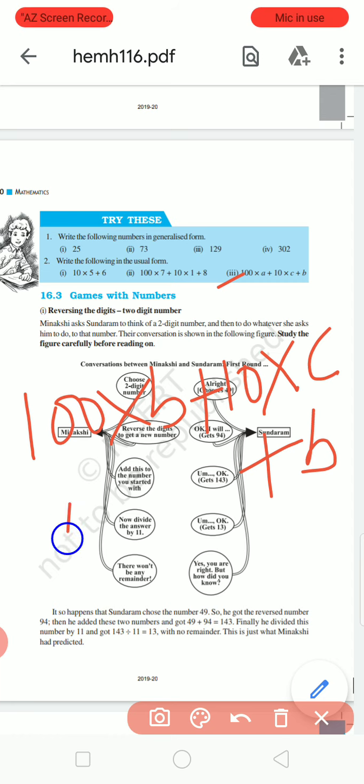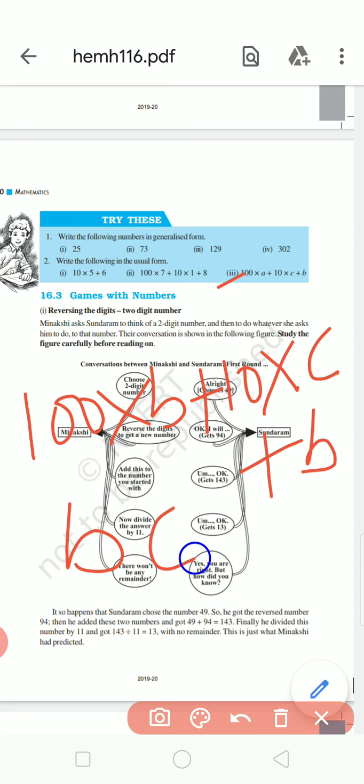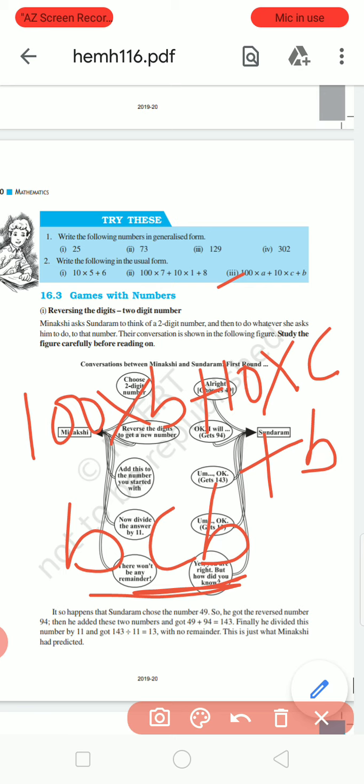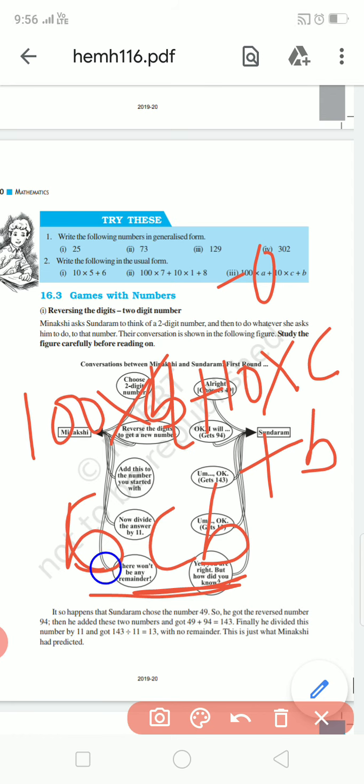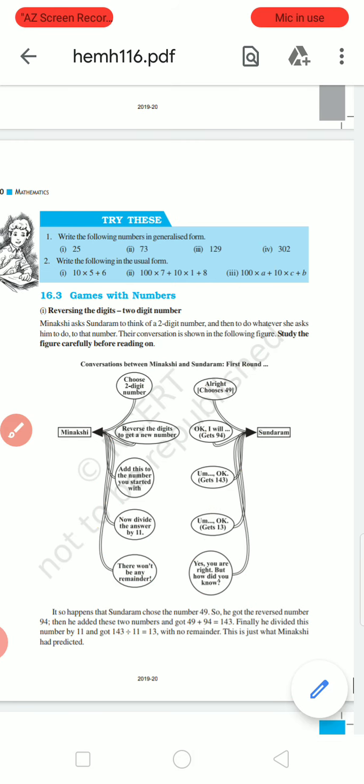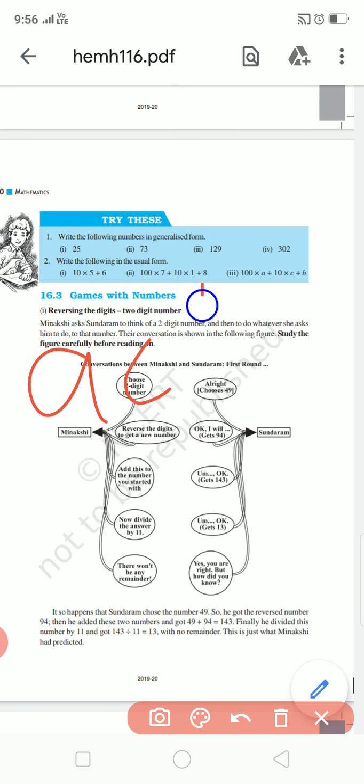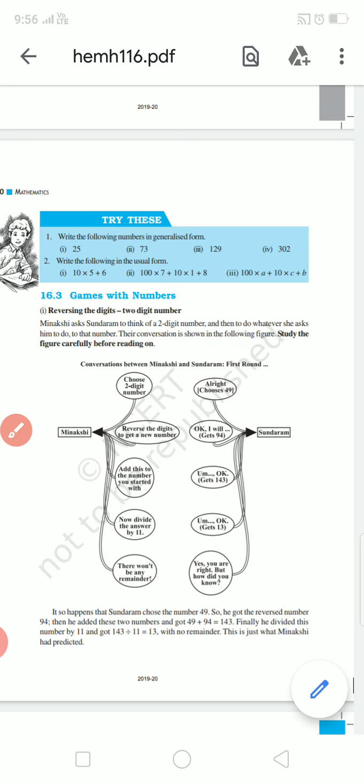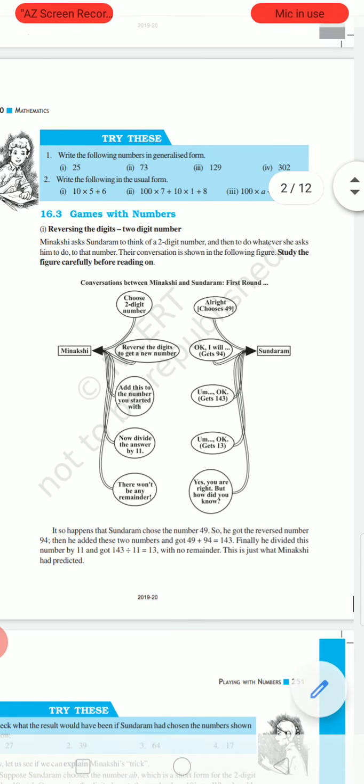Sorry, it was given A. I'm sorry. This is given A. So this is ACB. Okay, ACB.